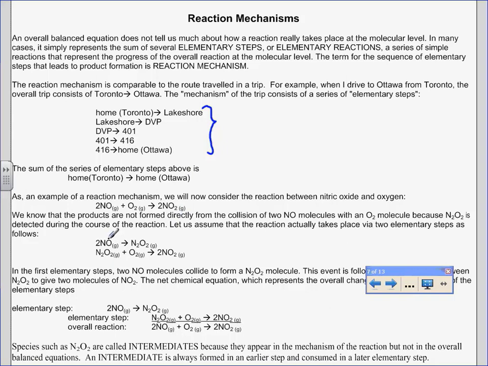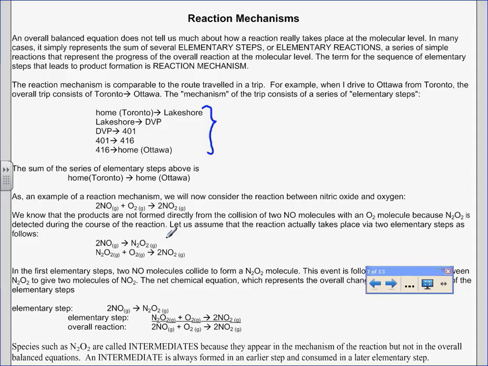So first of all, the 2 NO molecules collide to produce N2O2. Then this N2O2 intermediate reacts with oxygen to produce the 2NO2. Okay. So these are elementary steps, and this is the overall reaction.